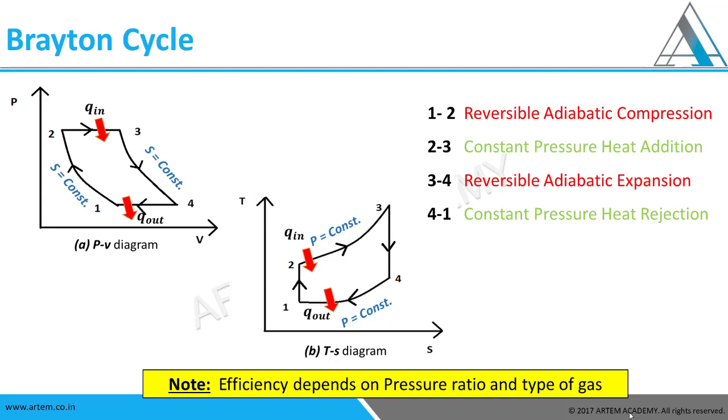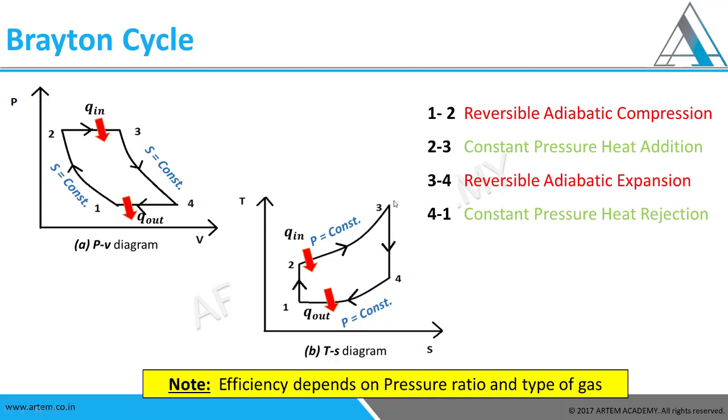Now if we move from 2 to 3 in the PV diagram, there is a Q input. That is, this is the combustion chamber, constant pressure heat addition. The pressure remains same. But when we look at the temperature, from 2 to 3, the temperature increases a lot because we are putting a lot of heat here. After that, 3 to 4, there is an expansion process that's happening, and we can see the volume has increased from 3 to 4, but the pressure has decreased.